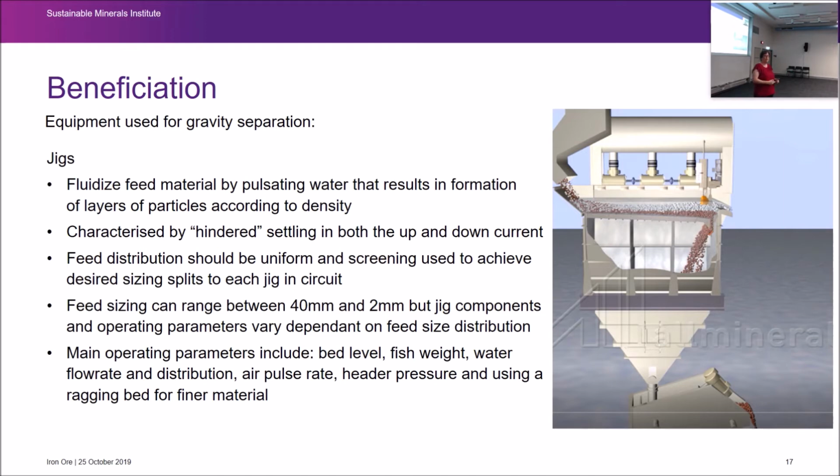And your operating variables include things like bed level, your fish weight, your water flow rate and distribution between the different chambers, as well as whether you're using a ragging bed to capture or improve recovery of fines on your finer jig operations.